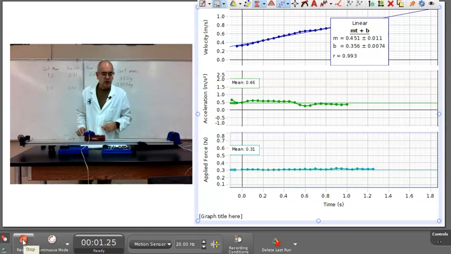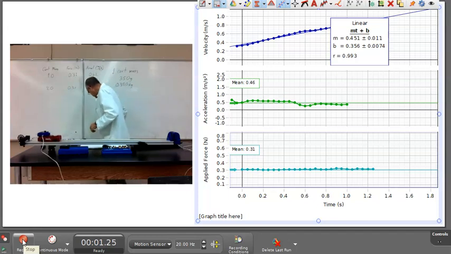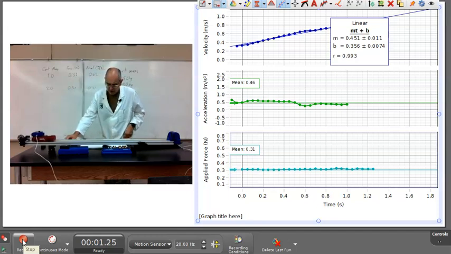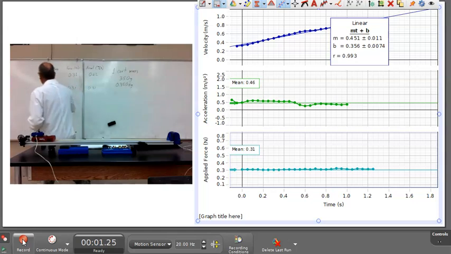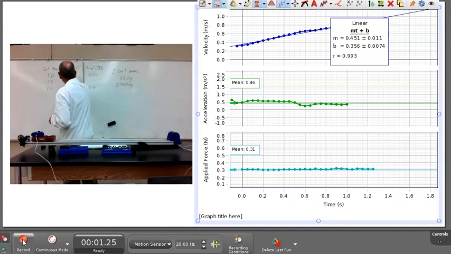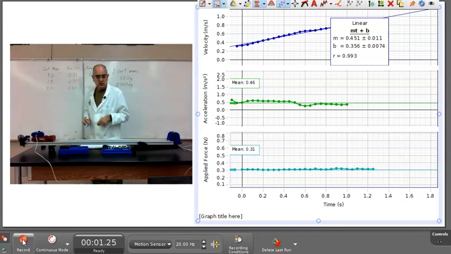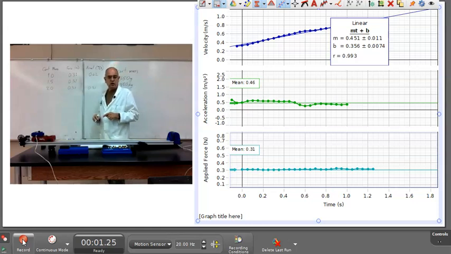The force was 0.31 newtons, so therefore I'm going to keep that data. And so for 1.5 cart masses, we end up getting a force of 0.31 newtons, and we get a mean acceleration of 0.46 on the average of the accelerations, 0.45 meters per second squared on the velocity.